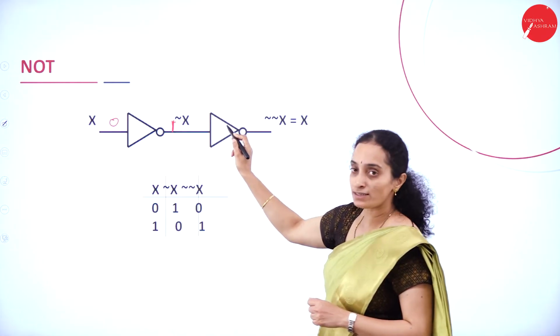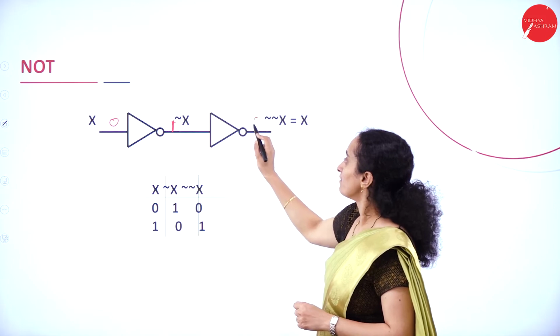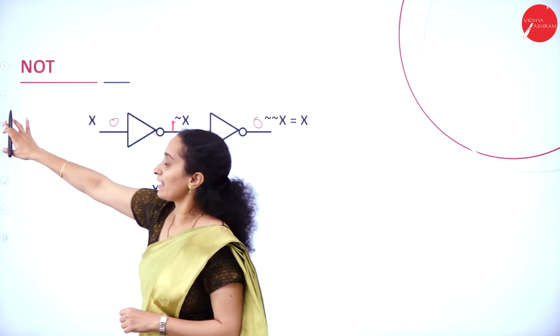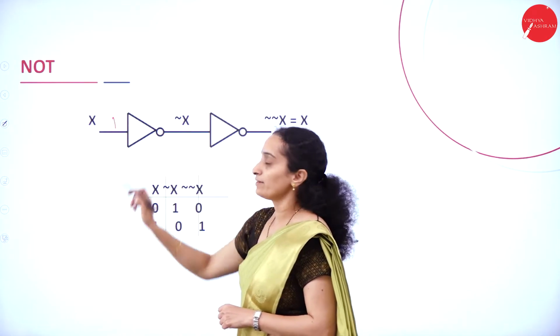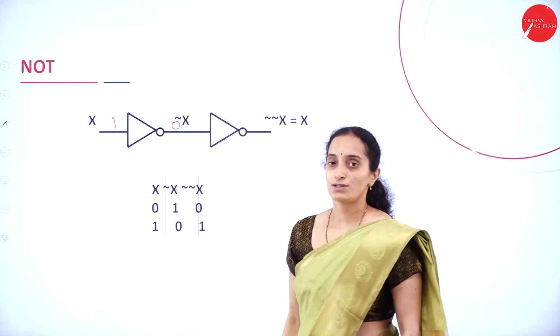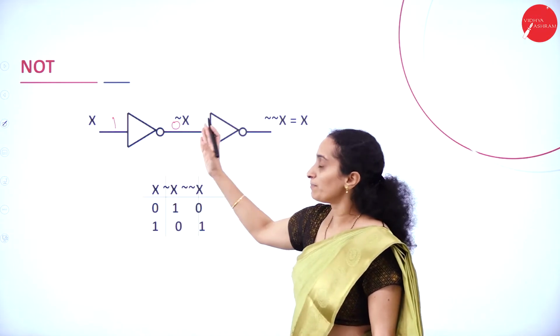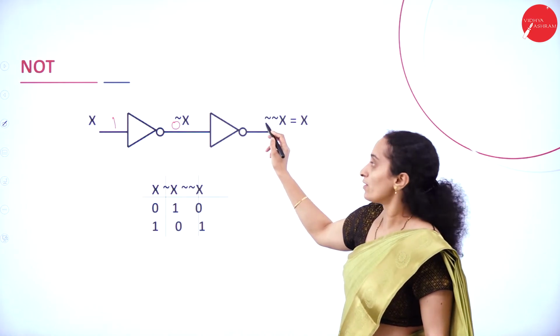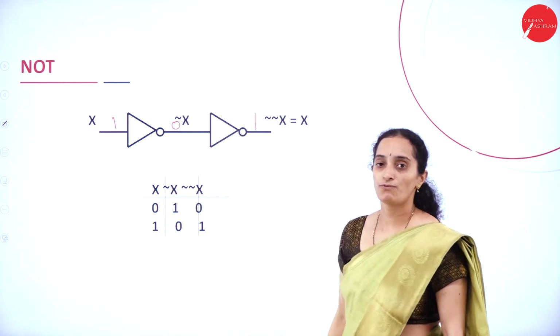When you supply 1 to another gate, it will become 0 again, isn't it? If you take another case, if you are providing 1 here, what you get when you go through the NOT gate is 0. When 0 comes through another NOT gate, it will become 1, isn't it?